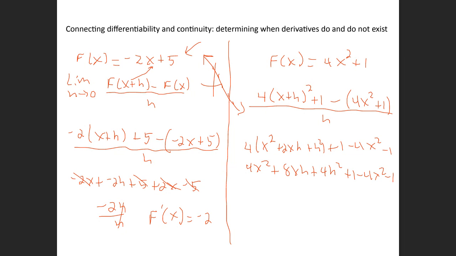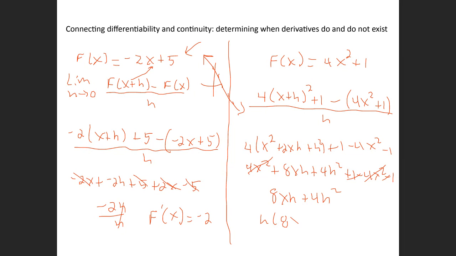Whew. All right. Now I start crossing things off. I've got the 4x squared, negative 4x squared, gone. I've got a plus 1, minus 1, gone. So I'm left with, on top, 8xh plus 4h squared. I'm going to factor out an h.